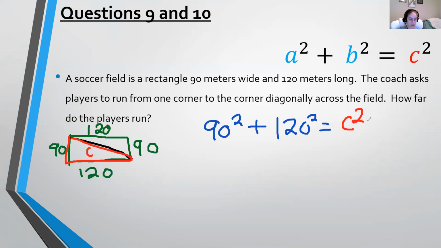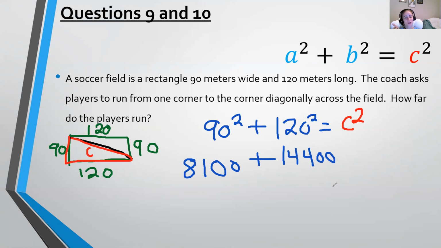All right, definitely need a calculator for this. I don't expect you guys to have that memorized. 90 times 90 is 8,100, plus 120 squared, 120 times 120, 14,400. Even though this one actually, some of you guys might have been able to figure it out without a calculator.